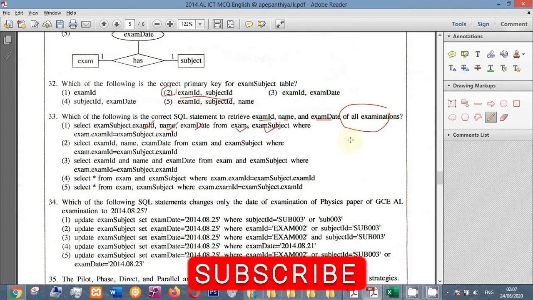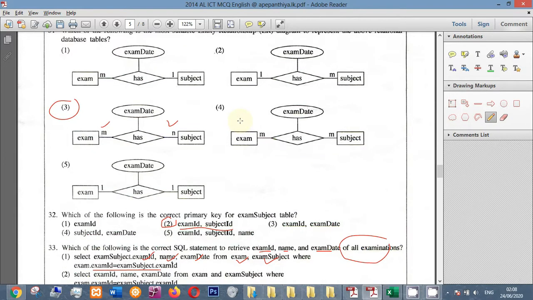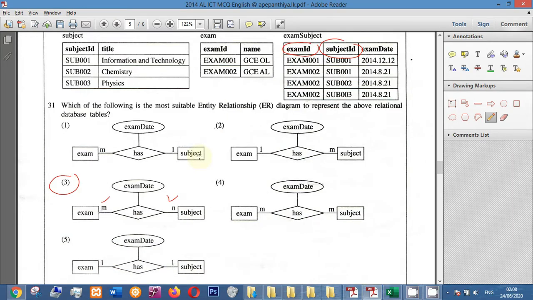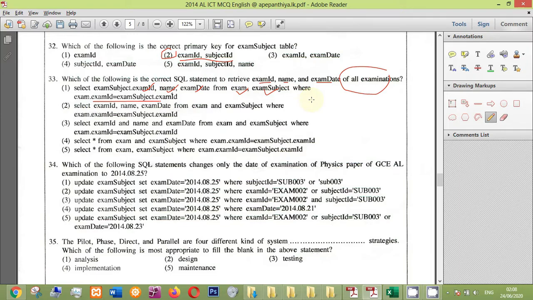Here the where clause is used to equalize the common field in both tables, which is exam ID, right? That's how the link is mapped. So here all examinations means we don't use the where clause to filter according to criteria, but just to link. So the first one is correct.